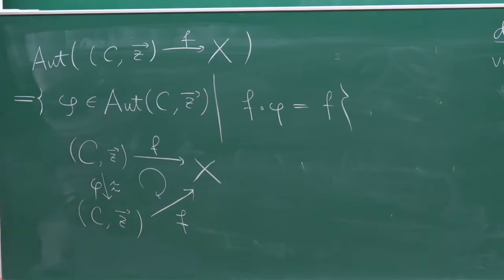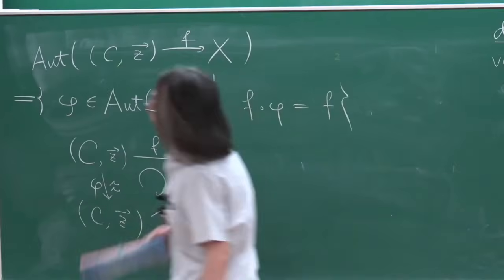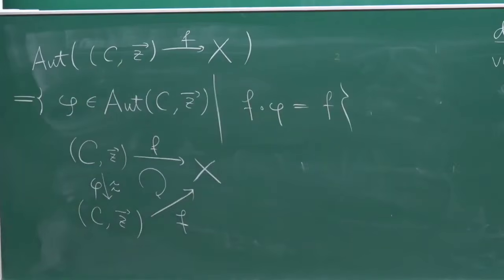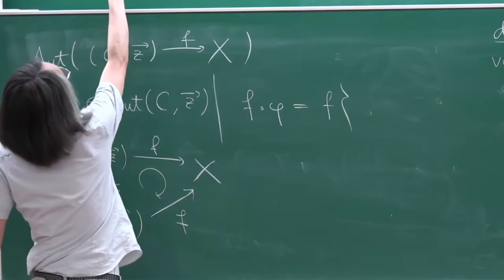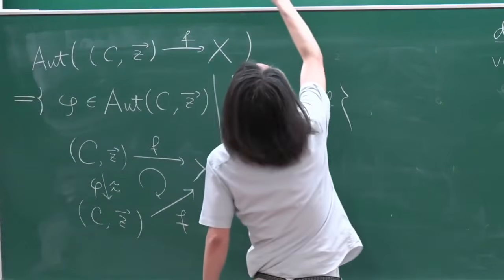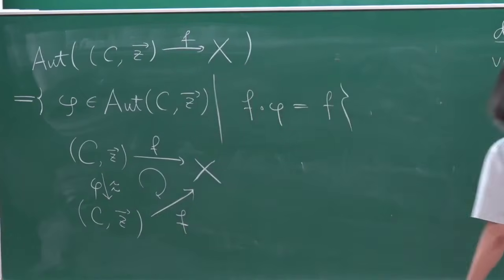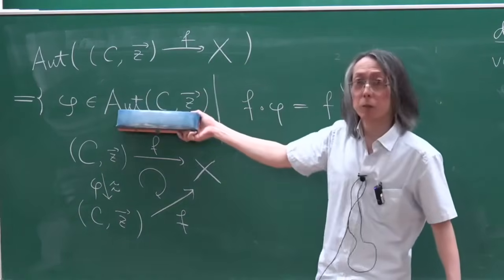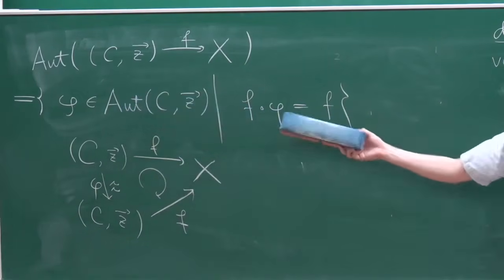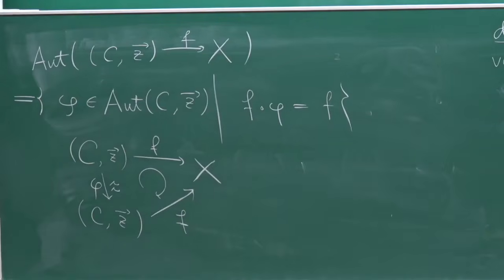So this is actually a subgroup of the automorphism group of the domain curve. But this one is not stable, just pre-stable. So therefore, as I wrote there, if we have a component of genus 0 with k equal to 0, or k equal to 1, or k equal to 2, or maybe genus 1 and k equal to 0, then this group itself is infinite. But now we assume this condition. Okay? And then what does it mean?